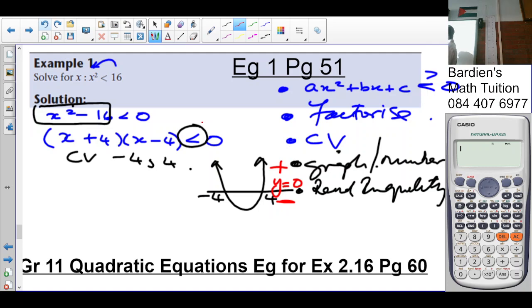So the inequality says that your parabola must be less than 0, so we look for where it is negative. You all understand? So I shade where it satisfies the inequality. It is less than 0. It's negative.